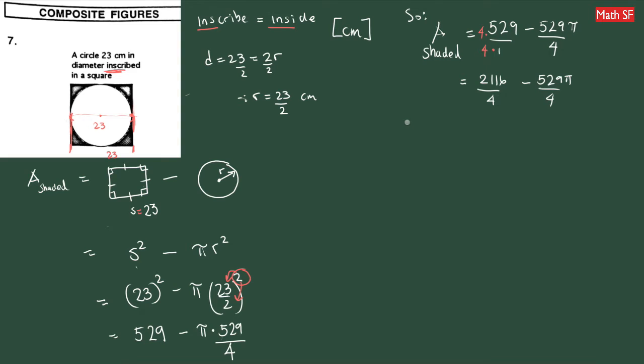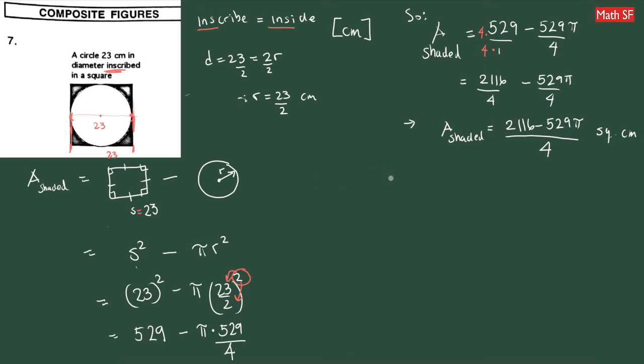Then we get that the shaded area, the shaded region, is going to be 2,116 minus 529 pi, all of these over 4. But do not forget about your units. So this should be square centimeters.